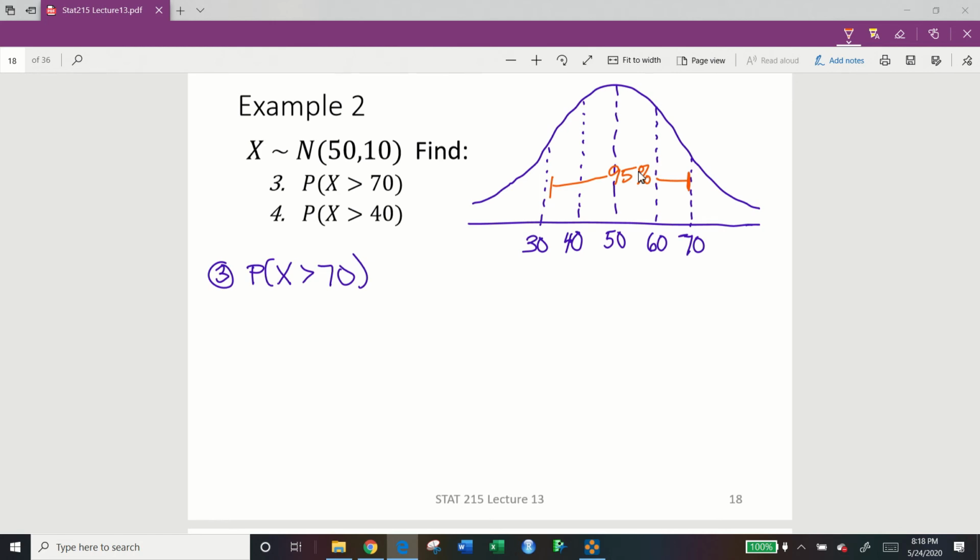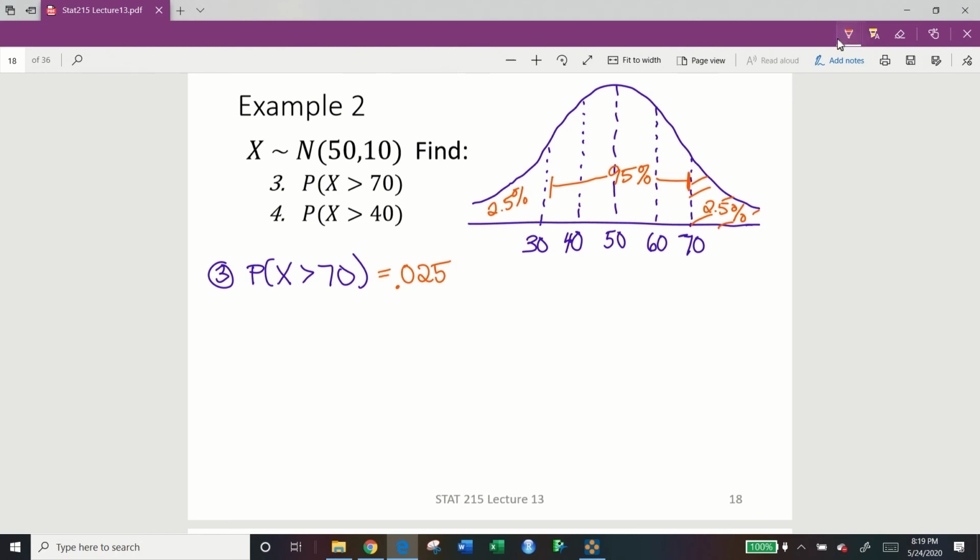If we cut that in half, that means 2.5% of our data is going to be less than 30 and 2.5% is going to be greater than 70. So for this problem, we were asked to find the probability of x being greater than 70, and we just found that right here. Probability of x being greater than 70 is going to be 0.025 or 2.5%.